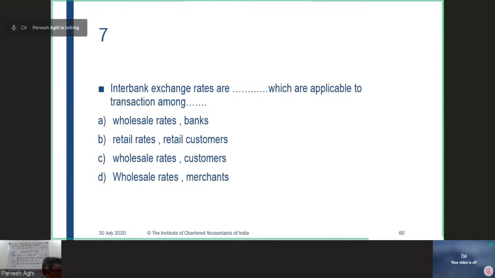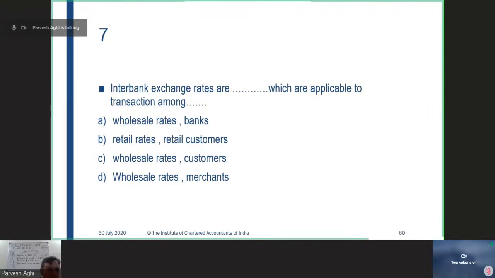Okay, so question number 7. Interbank exchange rates are wholesale rates or retail rates, which are applicable among whom? I wait for your response now. The interbank exchange rates are what?